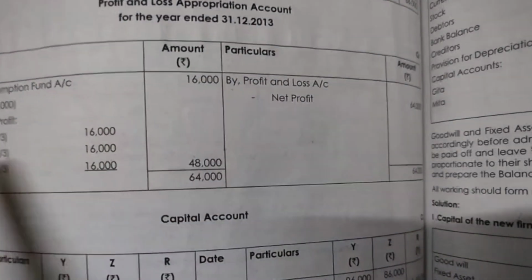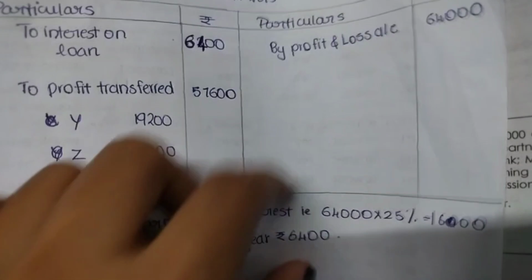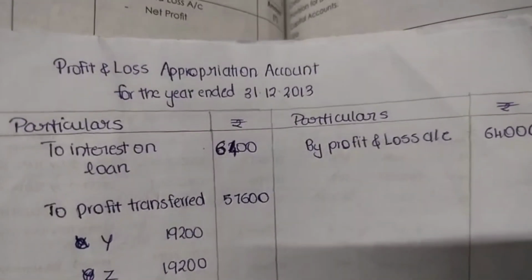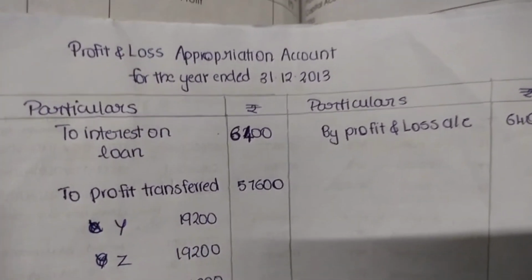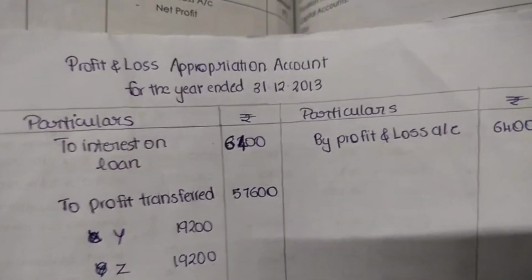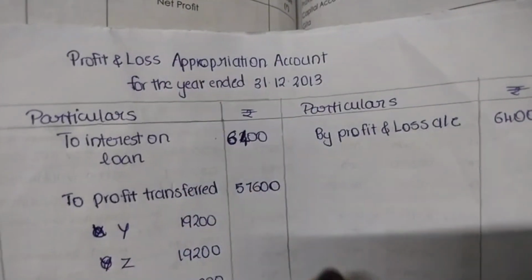But there is a problem. When we are preparing a profit and loss account, what actually affects the profit? This 64,000 is a profit, so what affects the 64,000? The interest amount will be affected, because we write the interest on loan in the profit and loss account, right? That would affect the profit amount. So we are going to subtract the 6,400 which we got as interest.